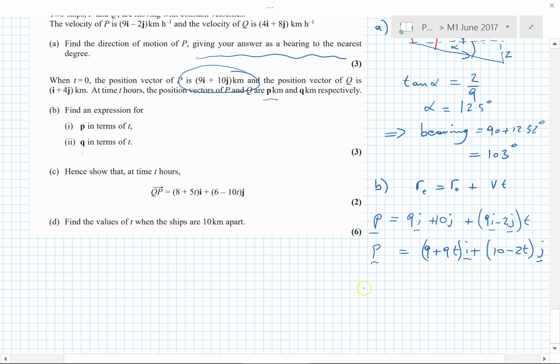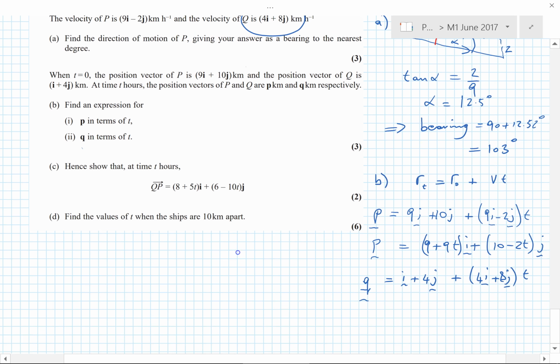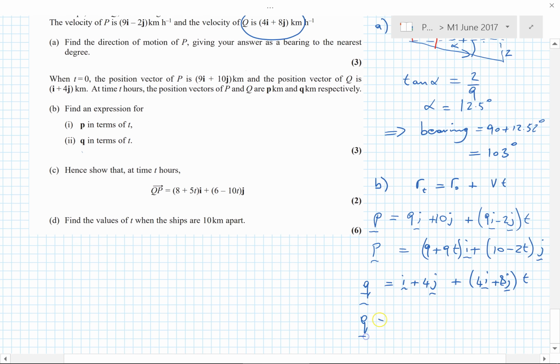And then we can do the same for Q. Q is initially at i plus 4j, and it's going at this velocity, so that's plus velocity times time, 4i plus 8j times t, and organising that accordingly, we get q is equal to 1 plus 4t i plus 4 plus 8t j. Okay, so 3 marks for that.